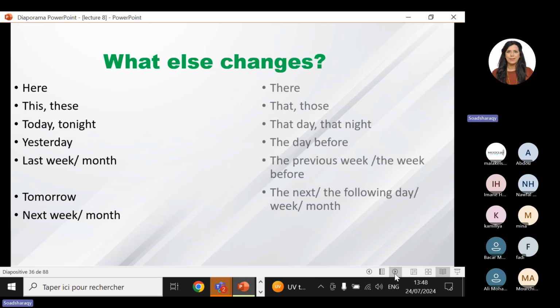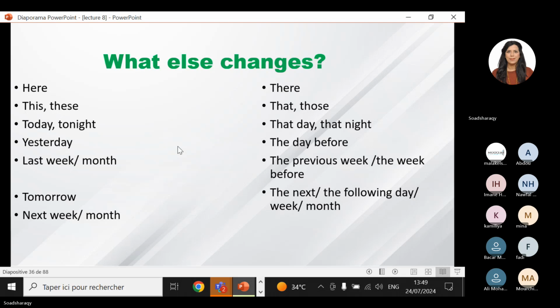What else changes? Okay, in, of course, direct speech, we change here. Here, reported speech becomes there. These becomes that or those. Today, tonight, reported speech, that day, that night.